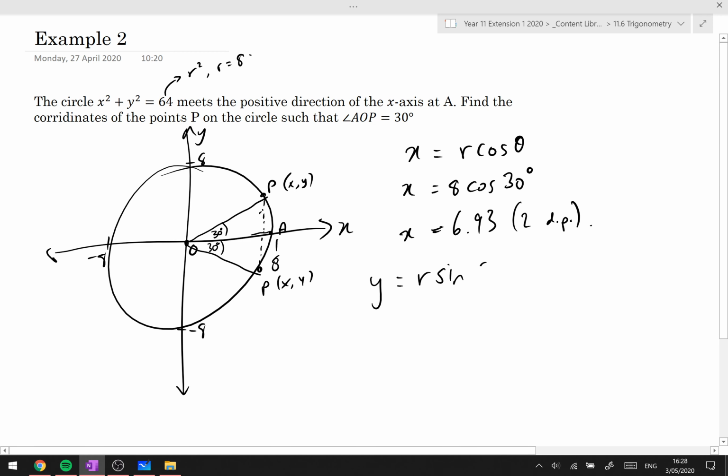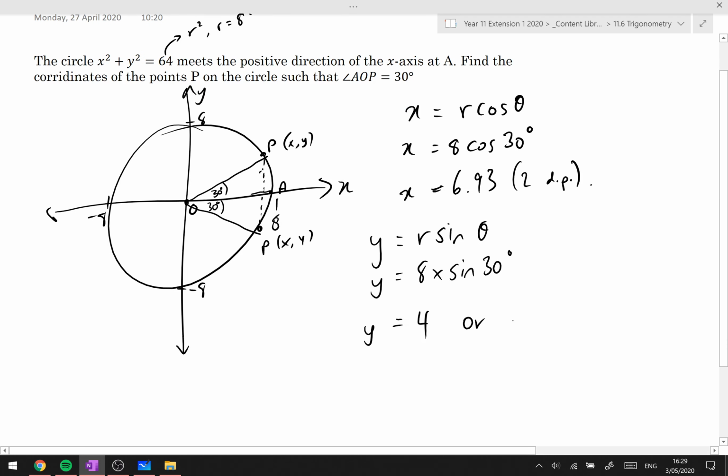However, the way we find it is still the same. So y is equal to r sine theta, which is 8 times sine of 30 degrees, and that's equal to, oh, that's nice and easy, 4. Or it's also equal to -4 because of the other one.